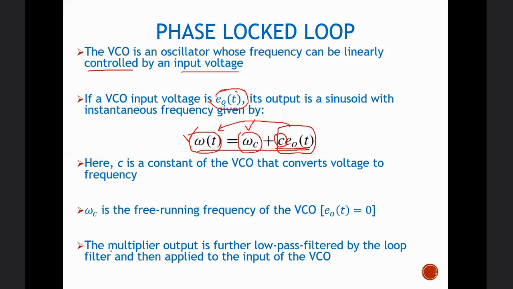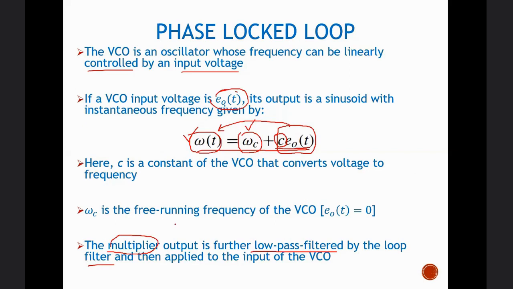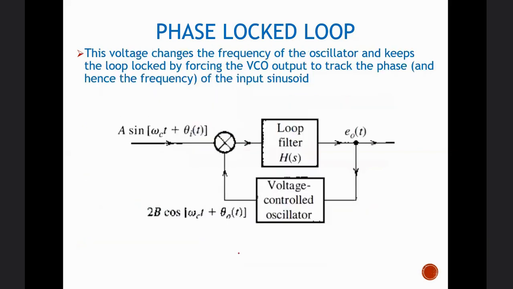So the product is obtained at the multiplier stage. The output of the multiplier is low pass filtered by the loop filter. So the third component, which we said here, is placed at the output of the multiplier. The whole block diagram of a PLL is shown here.